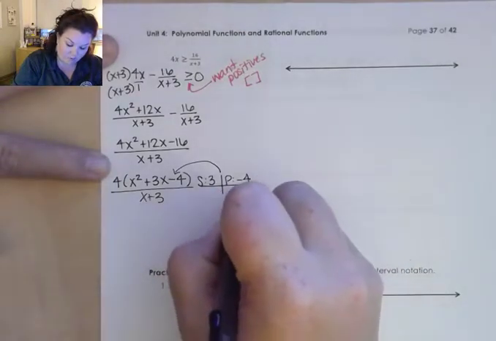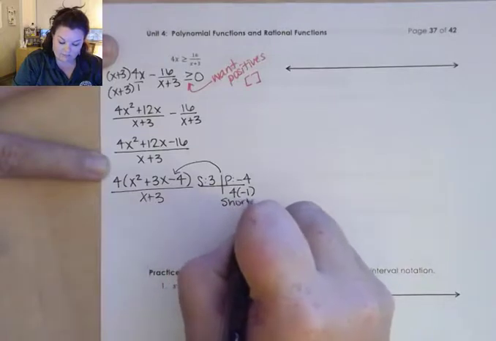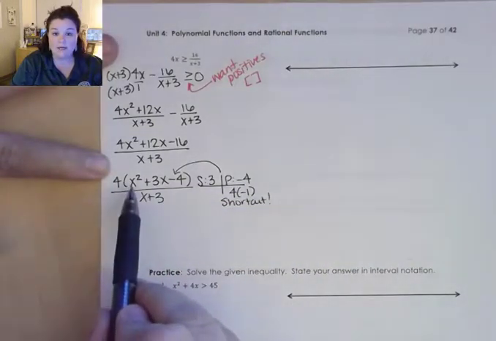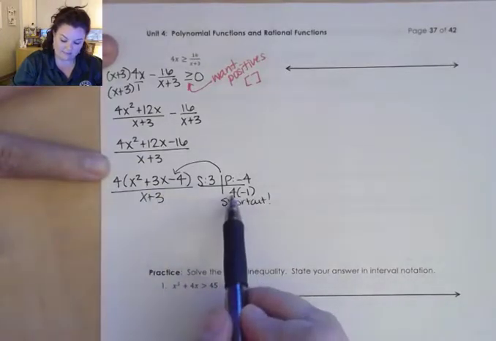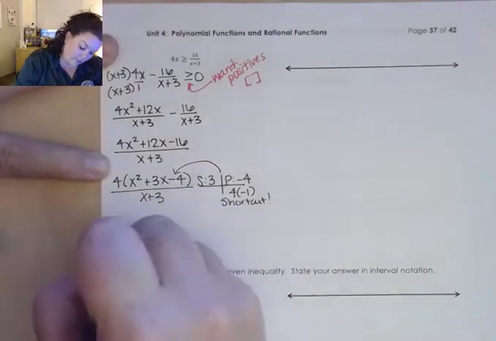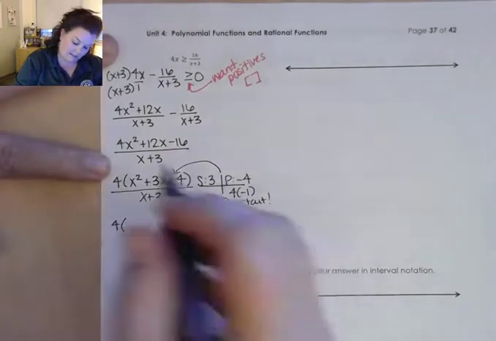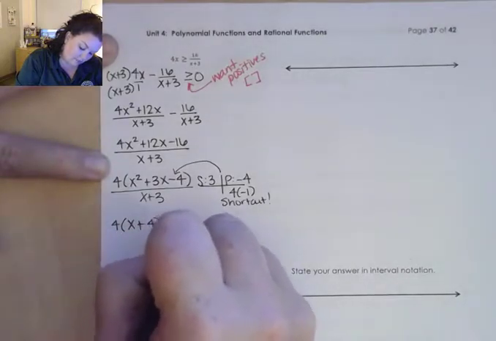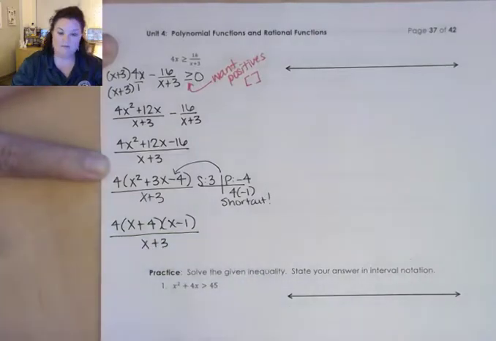Which would have to be 4 and negative 1, and I can use my shortcut, right? Yay, because my leading coefficient is now a 1 since I took that 4 off. So that means this is going to factor into x plus 4 and x minus 1. So I have my greatest common factor out there of 4, and then this factors into x plus 4 times x minus 1, and on bottom I have an x plus 3.